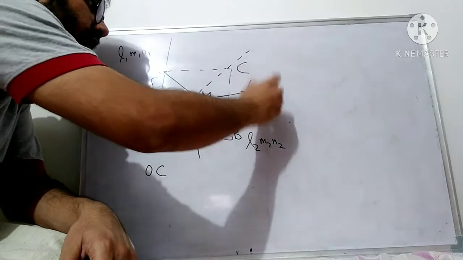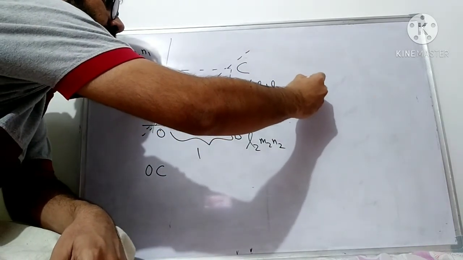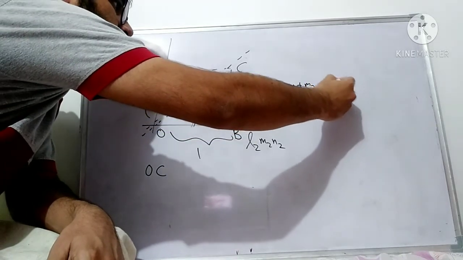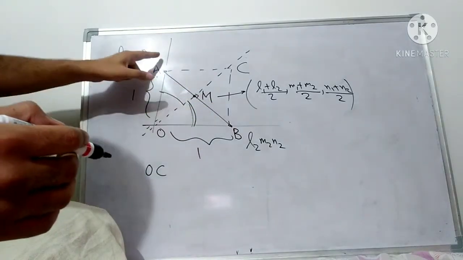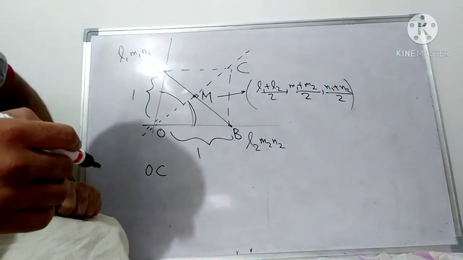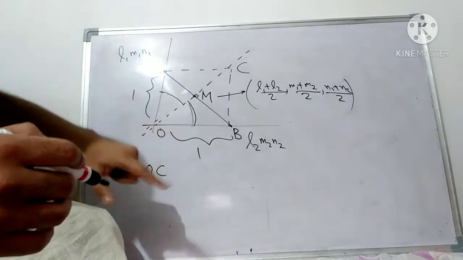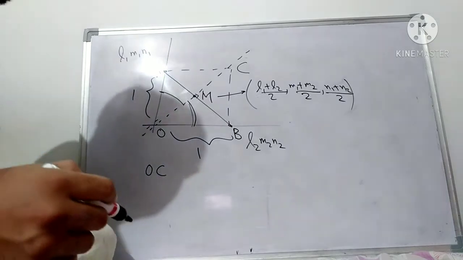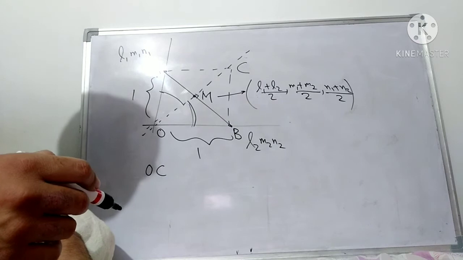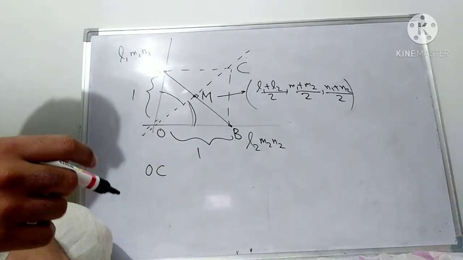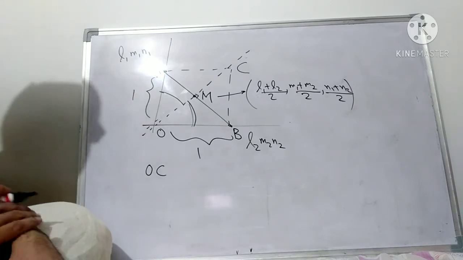So the coordinates for M are (L1 plus L2)/2, (M1 plus M2)/2, (N1 plus N2)/2. These are the coordinates of point M, because diagonals in a rhombus bisect each other. So M is the midpoint of AB.